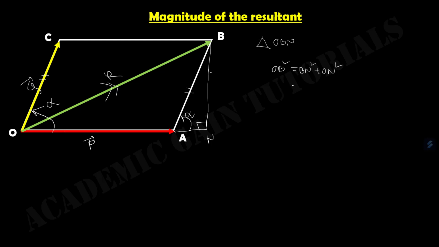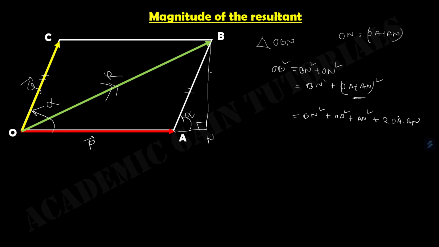Also, we know that ON means OA plus AN. So we can write BN square plus OA plus AN whole square. Now we expand this, and we will get BN square plus OA square plus AN square plus 2 OA into AN.